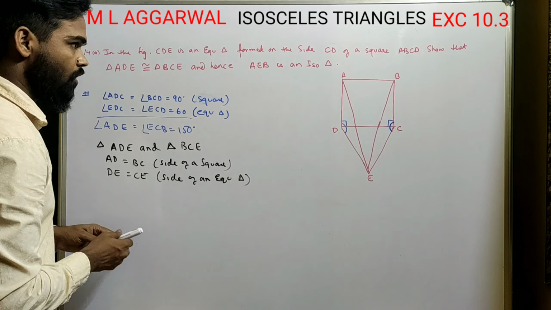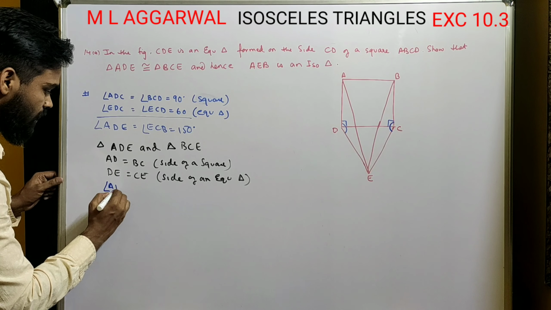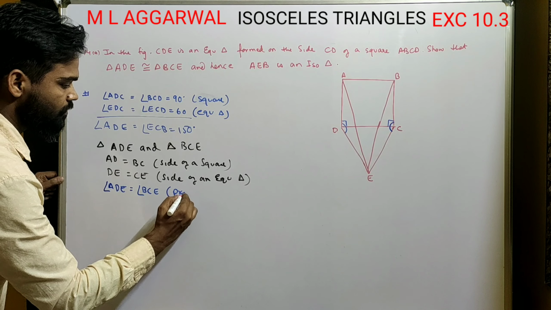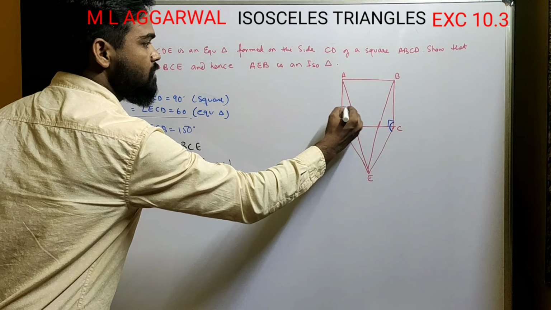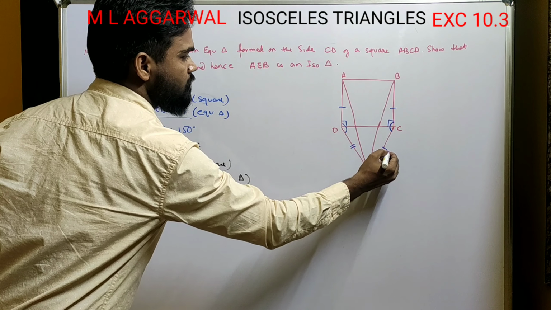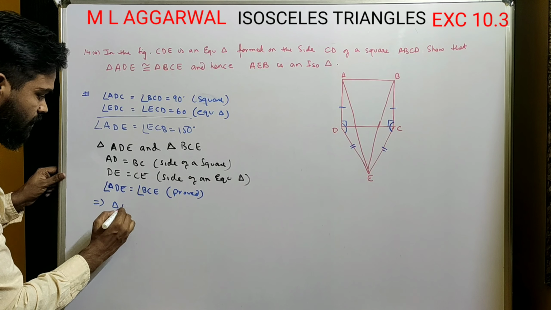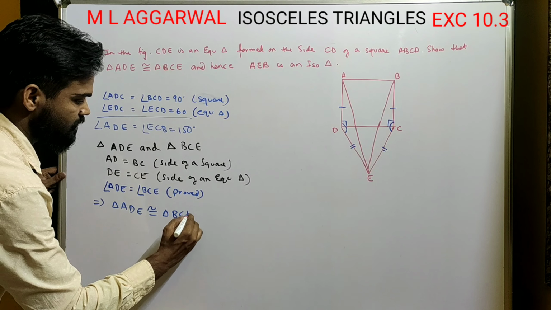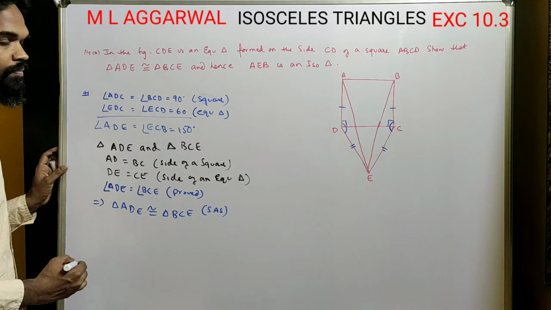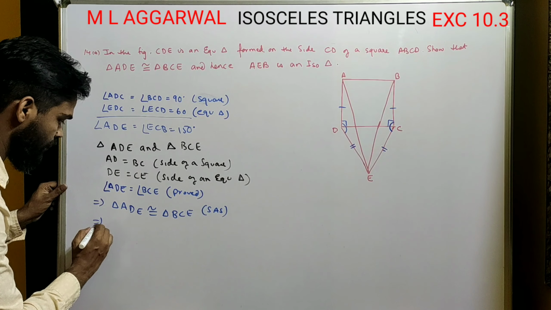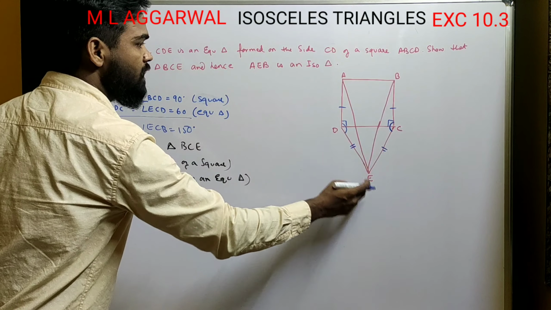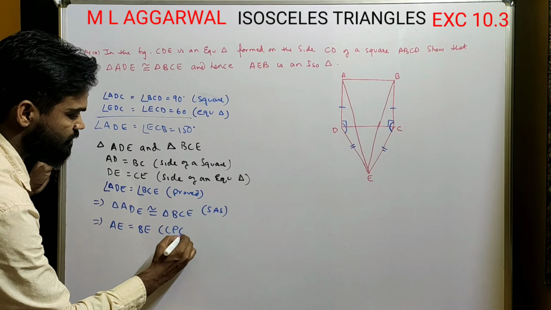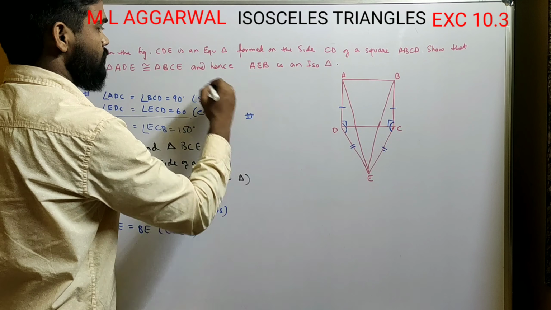And we just now got angle ADE is equal to BCE, just now proved, which means this is equal to this, and this is equal, which means can I write triangle ADE is congruent to triangle BCE, side angle side. And now if these two triangles are congruent, can I write AE is equal to BE, CPCT? Now first part is done.